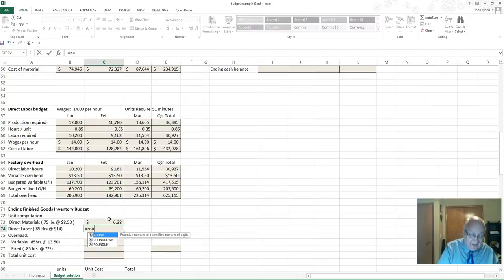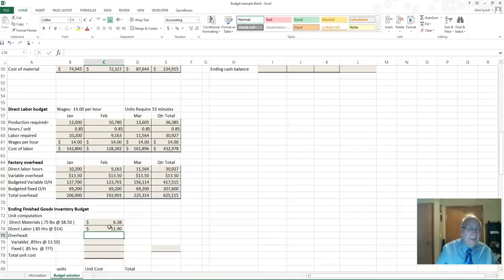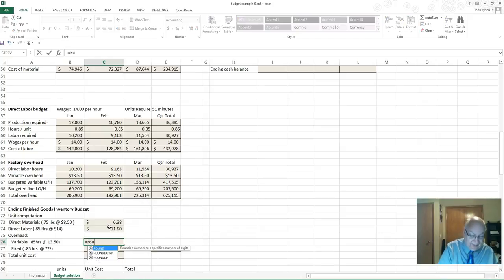And for the labor, we do the same thing. And it's 0.85 hours, because that's what we calculated here, is 51 minutes, times, we pay them $14 an hour. Again, 2 decimal places. Then for the overhead, again, it's equal the round, and it's 0.85 hours, and our rate was $13.50 per hour.